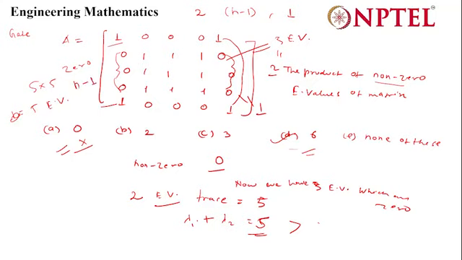So there are three identical rows, 3 minus 1, that will be 2. So here you will get two 0 values. And here also you will get one 0 value. So at the end you will get three 0 eigenvalues.